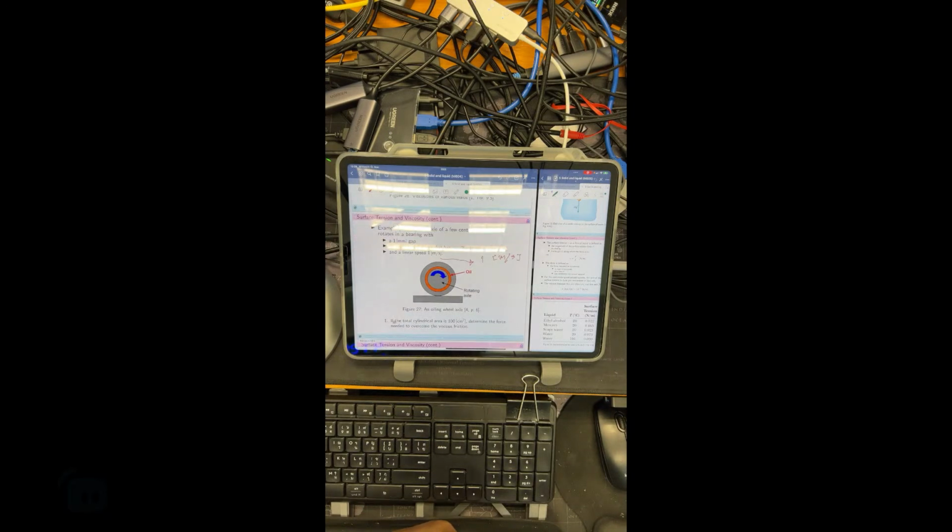Then we arrive at the question: if the total cylinder area is 100 square centimeters, so the area inside this bearing is 100 square centimeters. Neglect the depth difference, and determine the force needed to overcome the viscous friction.